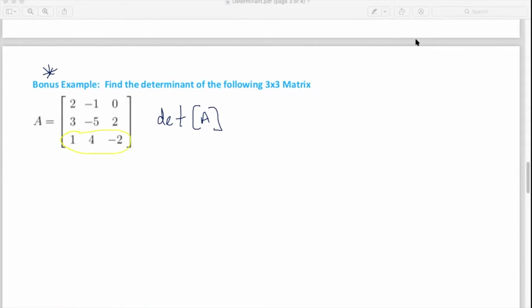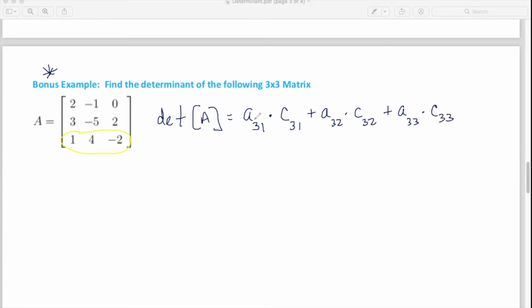So how this would work is as follows. We would take the answer to row 3, column 1, times its corresponding cofactor in row 3, column 1, plus the answer to row 3, column 2, times its matching cofactor, plus the answer to row 3, column 3, times its matching cofactor.